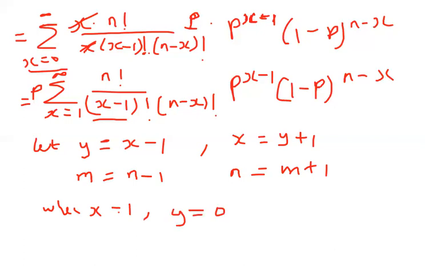And when x equals n, it means y is equal to n minus 1, because when I replace x here with n, I have n minus 1. And we know that n minus 1 is the same as m. So I can write this as equal to m. Okay. So then let me write this expression in the form of y.